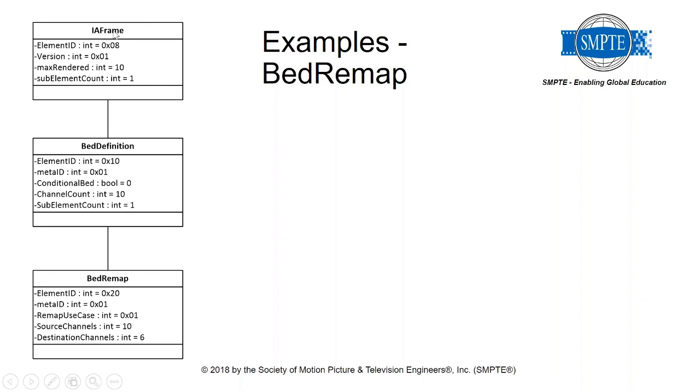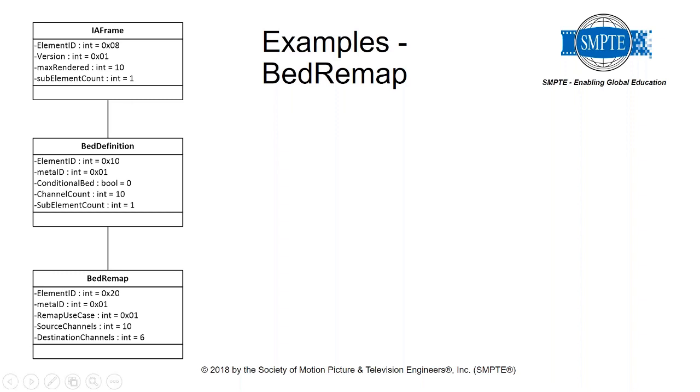The element name is at the top, and a subset of the parameters inside the element are illustrated along with the values that they'd be set to in this example to show how it's used. This vertical line indicates that this element is contained in the element above, so that shows the child-parent relationship.